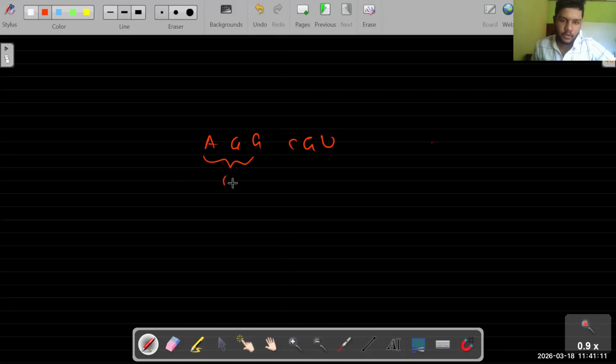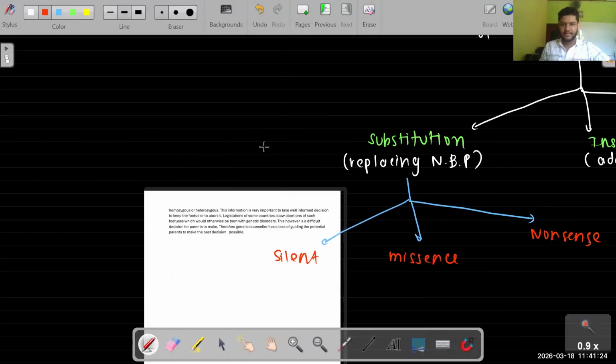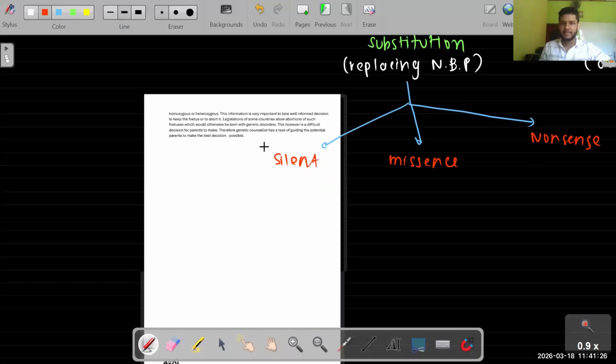Now this is a codon, so triplets, right? This is what I say as the third letter of a codon. So normally, when the third letter of a codon is replaced, the mutation caused is called silent mutation, which means there is no change in the final amino acid that is coded for. Is it clear? Okay, let's mention that one also.